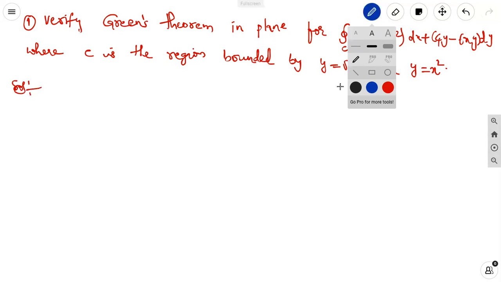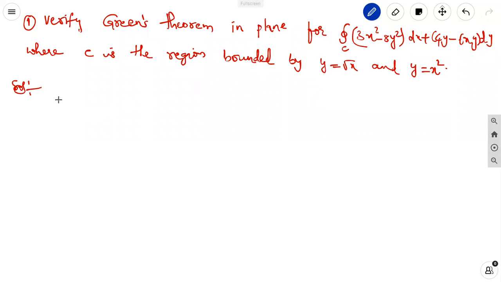First, we take the region, which is the lower bound and closed curve. From the closed curve we can calculate the line integral value and the double integral value. If both are equal, then Green's theorem is verified.